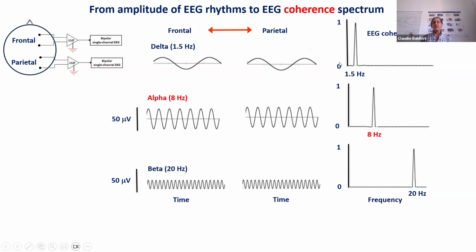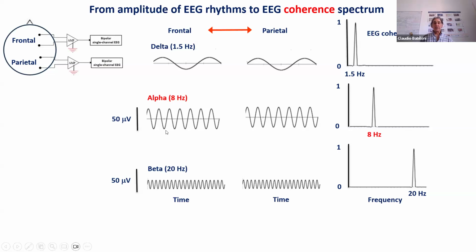In this case, we see 1.5 Hz in the delta band, and you see that the two EEG activities at 1.5 Hz recorded from the frontal bipolar channel and parietal bipolar channel show the maximum coherence in the EEG coherence spectrum.